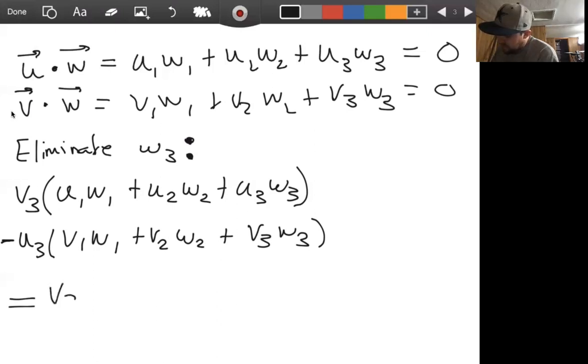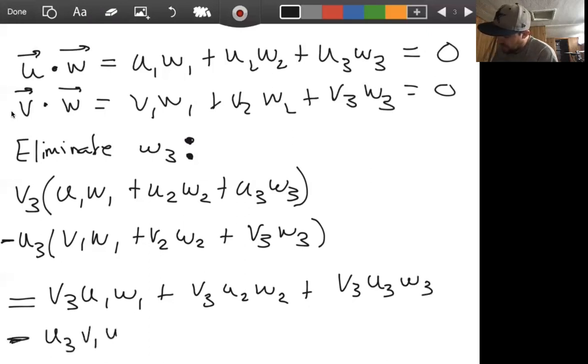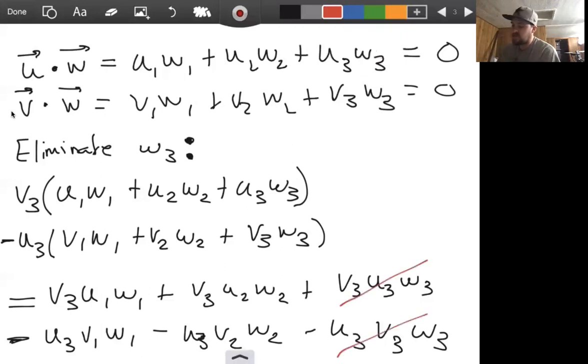We get v3 u1 w1 plus v3 u2 w2 plus v3 u3 w3 minus u3 v1 w1 minus u3 v2 w2 minus u3 v3 w3. And all of this was just an algebra trick to cancel these terms here.